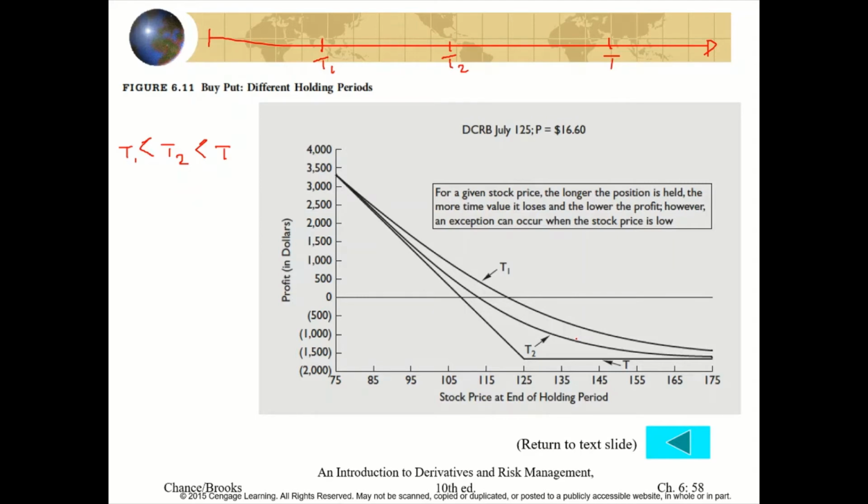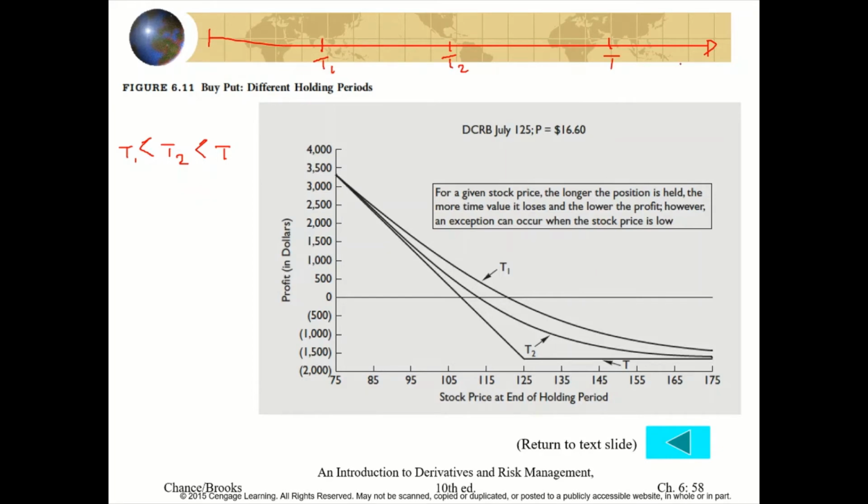When I exit at time T1, I'm going to take an offsetting position, which is a short position. I will sell the put option, and I'm going to receive the premium. Now, the intrinsic value did not change. The time value will be the highest when I exit at time T.